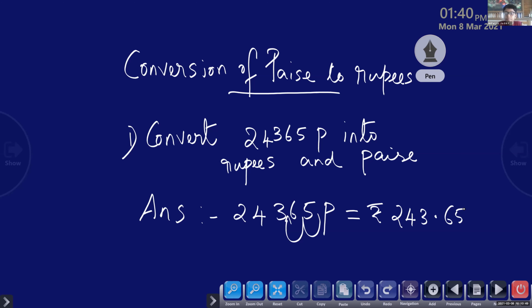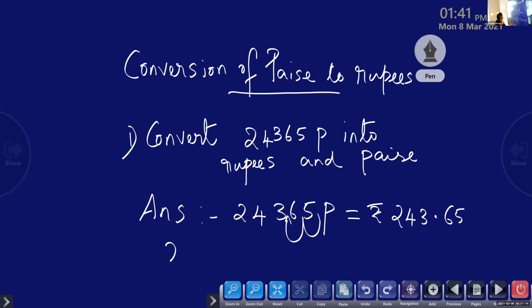So children, here 243 is the quotient and 65 is the remainder. So 243 rupees and 65 paise. Just put a decimal point. To convert paise to rupees, just make a decimal point after 2 digits from the right side.